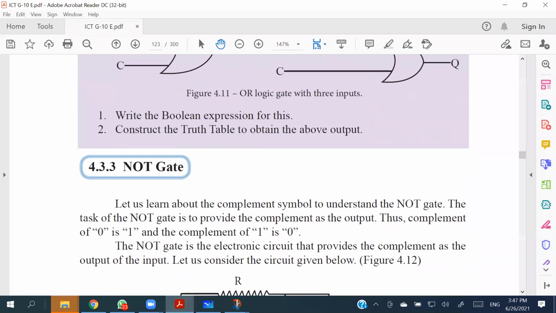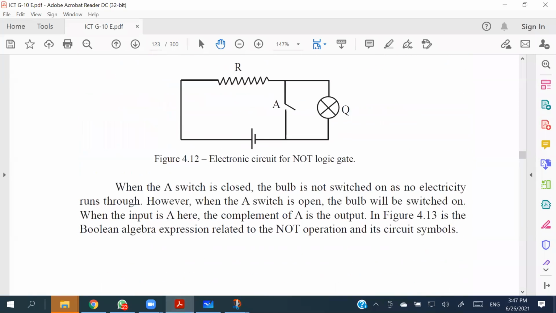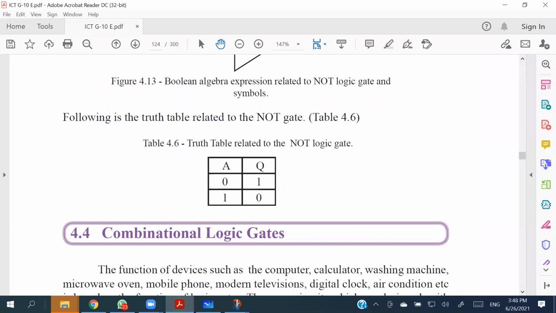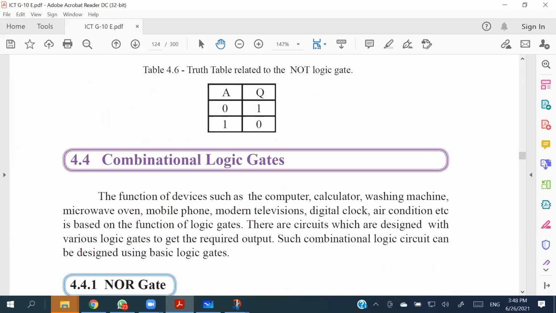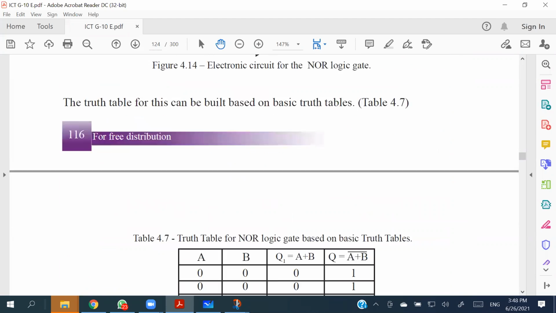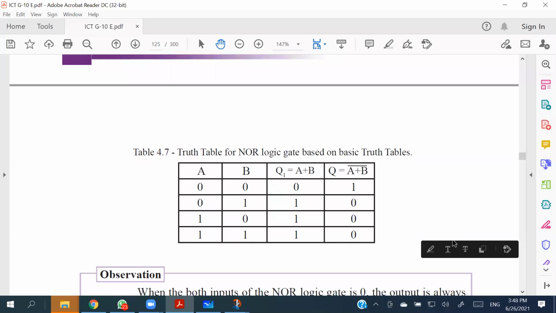So the NOT gate. As we talk about, the things are going to go like that. And then after, we are going to talk about combinational logic gates. Now, in combinational logic gates you are given two types of things, NOR and NAND.